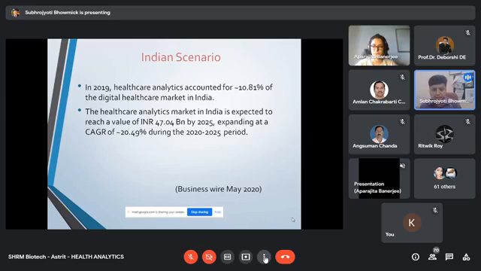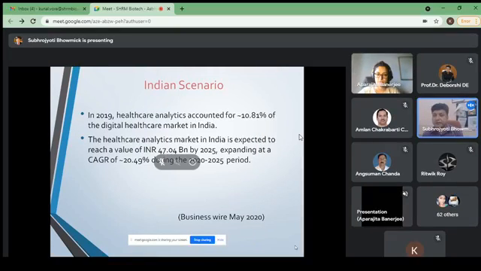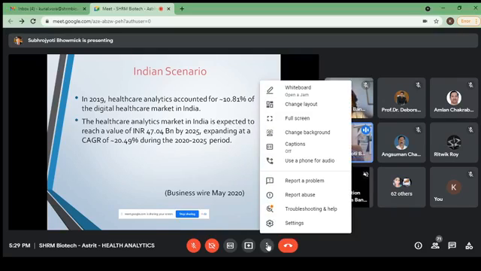In a country like India, we have humongous potential. And this is not just what I, as a director for clinical research or academics, believe. The article published in Business Wire in May 2020 speaks volumes about how the healthcare analytics market is growing in this country.